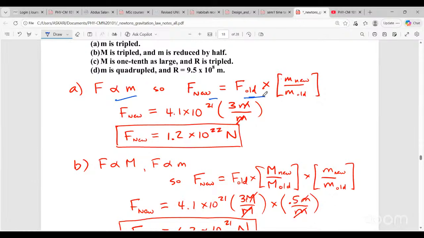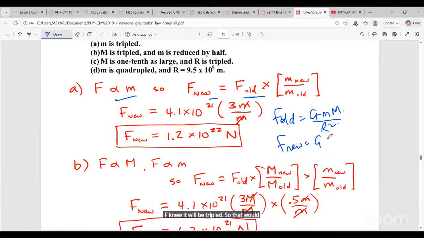For the F old, that will be G M m over r squared. For the F new, it will be tripled, so that will be G 3 M m over r squared.